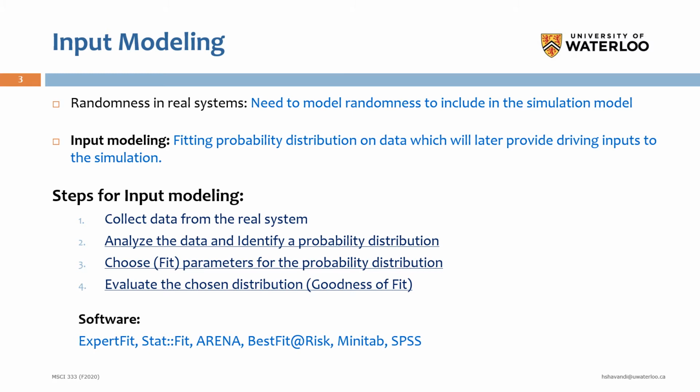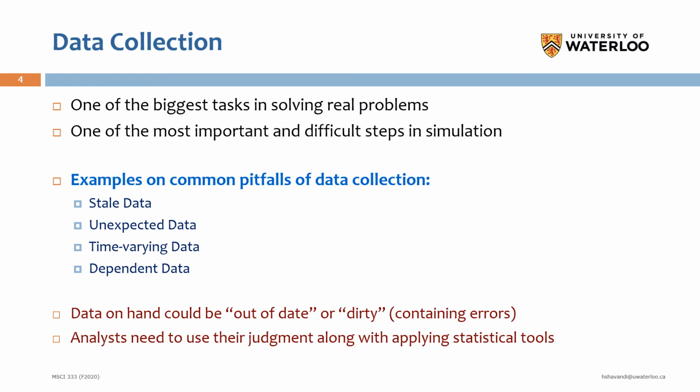Data collection and fitting distributions, or let's say input modeling, is one of the most important and most challenging parts of the job of a simulation analyst in the process of simulating a real system.